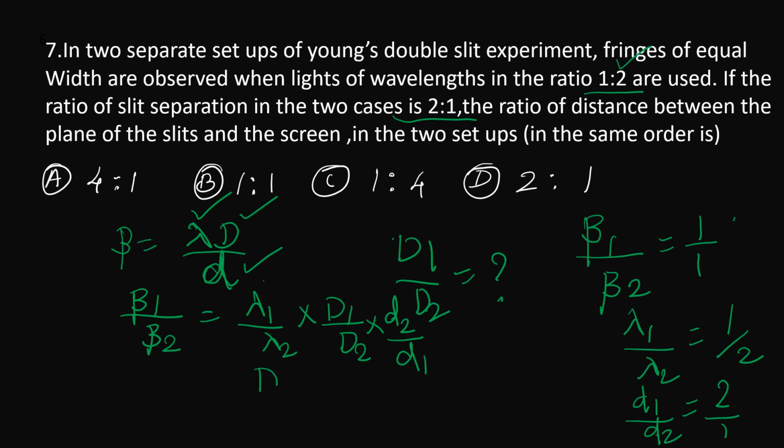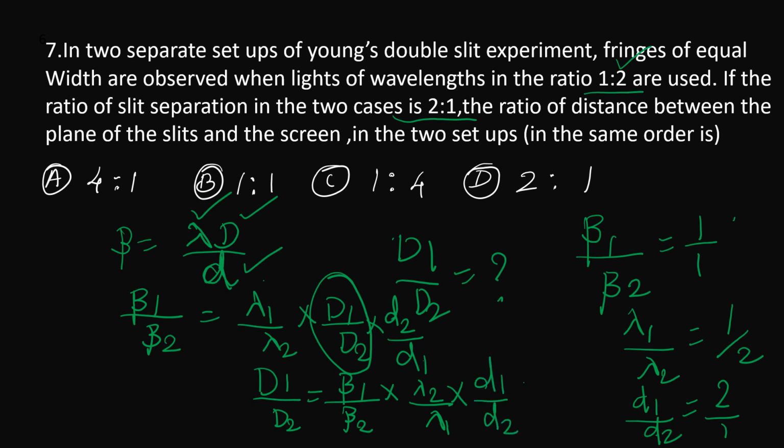So from this we will get D1 by D2 is equal to beta 1 by beta 2 into lambda 2 divided by lambda 1 into d1 by d2.